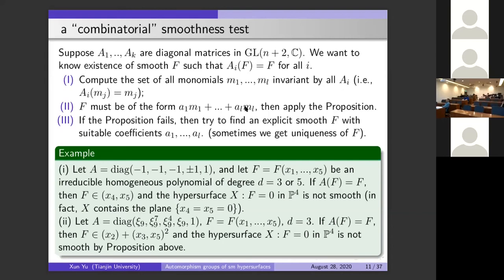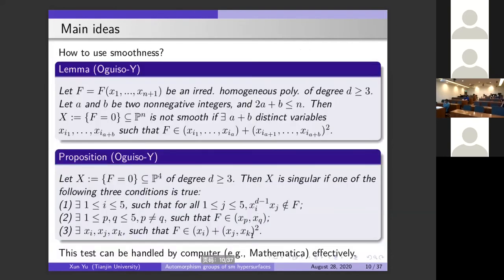At this point, we don't directly apply the Jacobian criterion, because it could be time consuming: you take all partial derivatives and try to find the common zero. Instead of that, we just apply the proposition just mentioned, those three conditions.